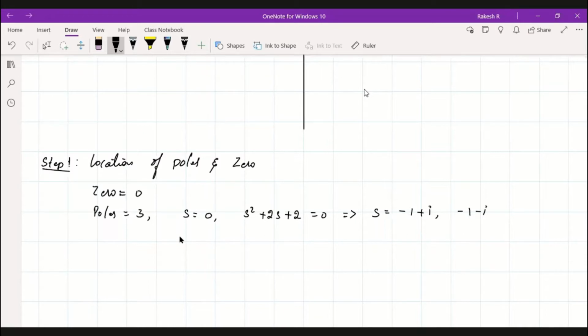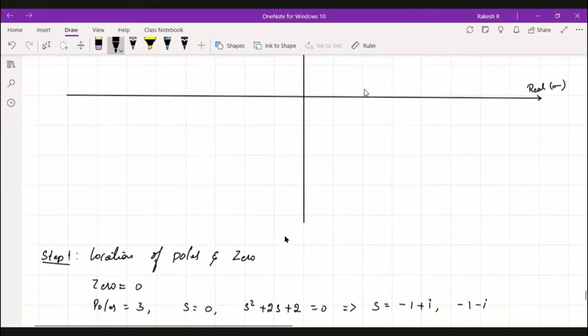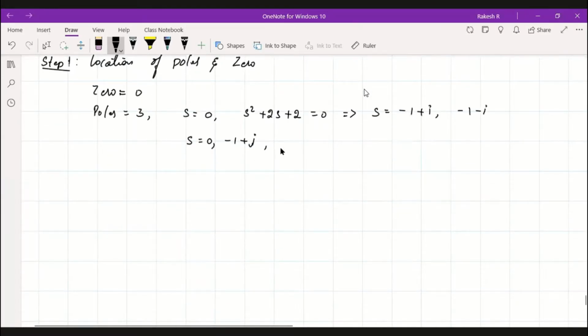So we got 3 poles: s equals 0, s equals -1 plus j, and -1 minus j. On the imaginary axis it will be j omega. These are the 3 poles we have.